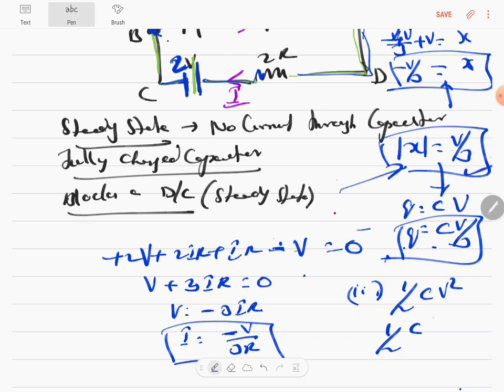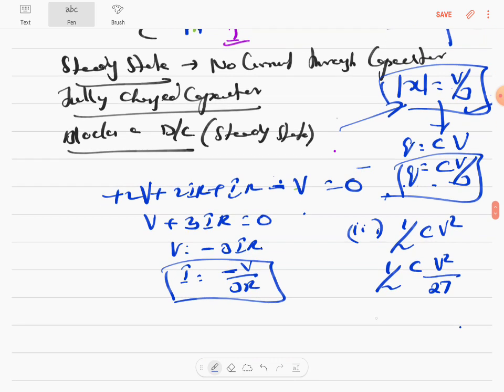Half C V square, with V by 3 the whole square, which is V square by 9. Oh, it's only the whole square, I'm sorry. So 9 2s are 18. Thus you get C V square by 18.